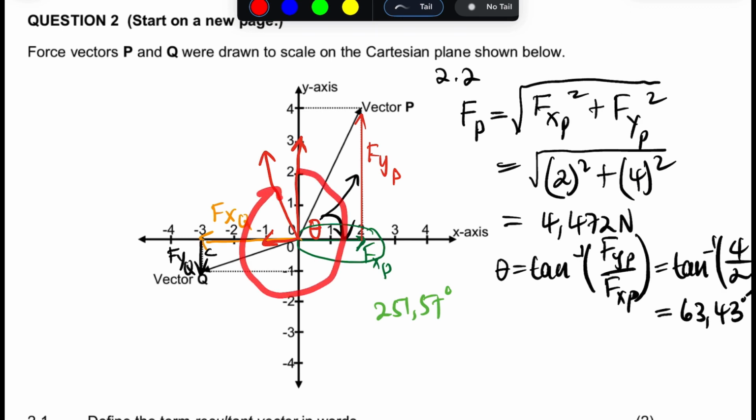So basically you calculate this angle and say 270 plus this angle, or you calculate this other angle and say 360 minus this angle, and it will give you that. Let's do it.